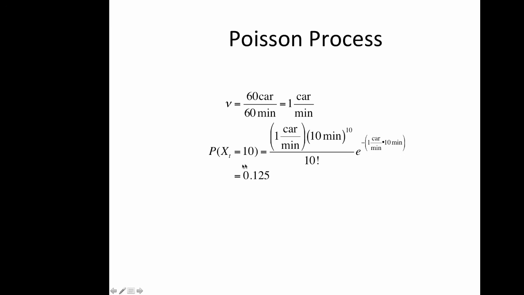When we crank this out, we get the limit of our Bernoulli sequence, and we end up with the Poisson prediction, modeling it as a Poisson process, of 0.125. The Poisson process is very commonly used in civil engineering, in particular in traffic engineering.